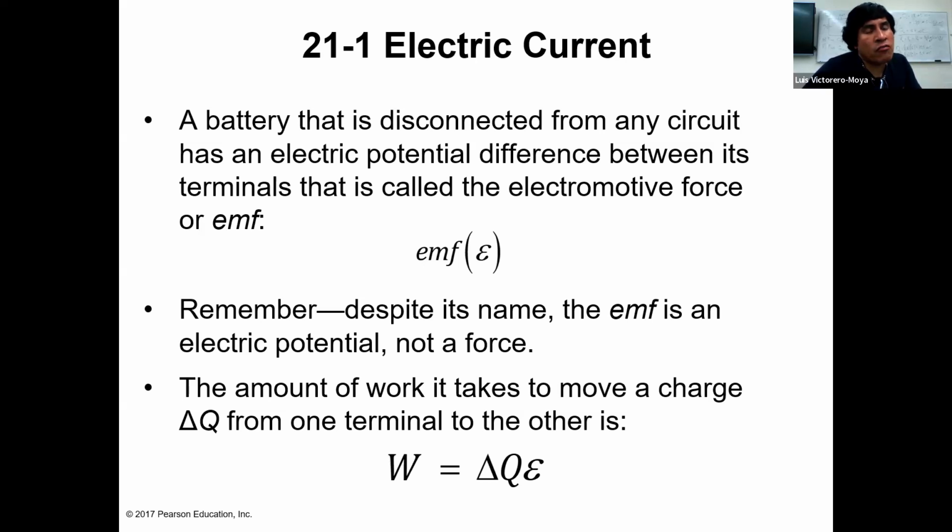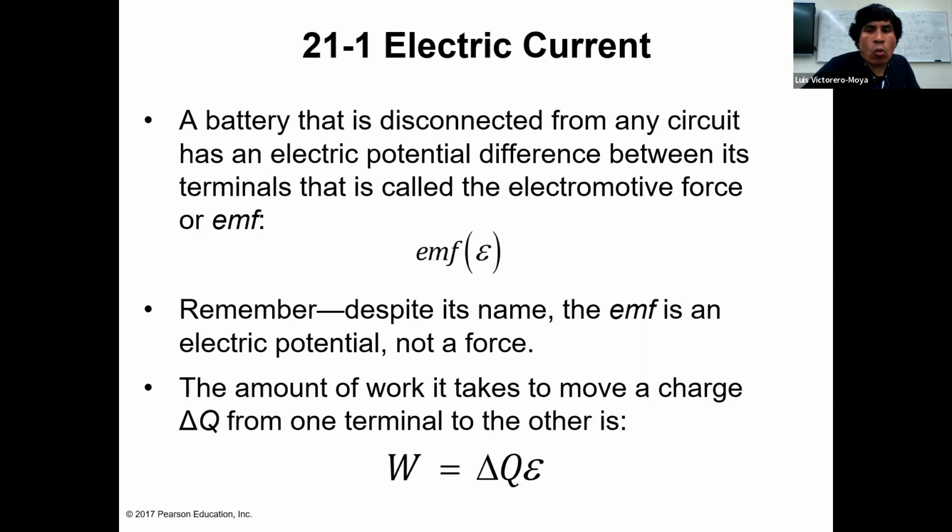That should sound familiar because that was our definition of electric potential. Basically, the amount of work per unit charge, but as if the battery is unplugged. When you plug the battery into a circuit, you obtain the voltage.